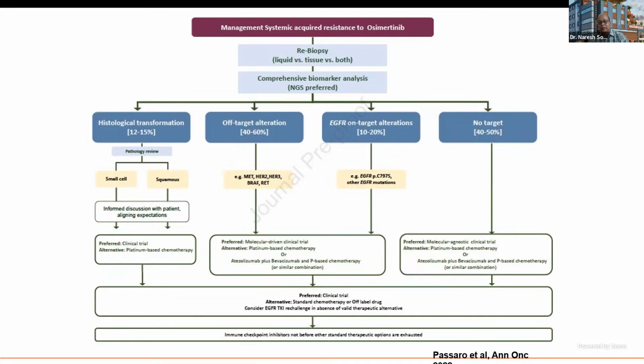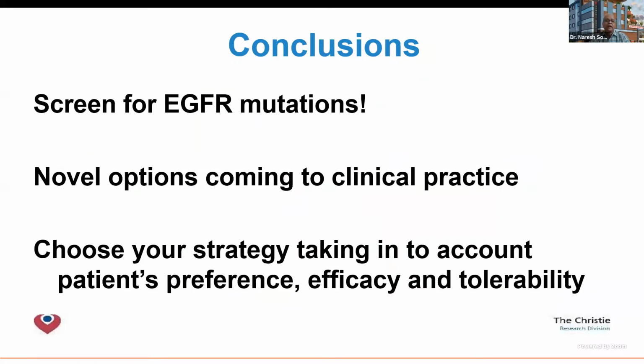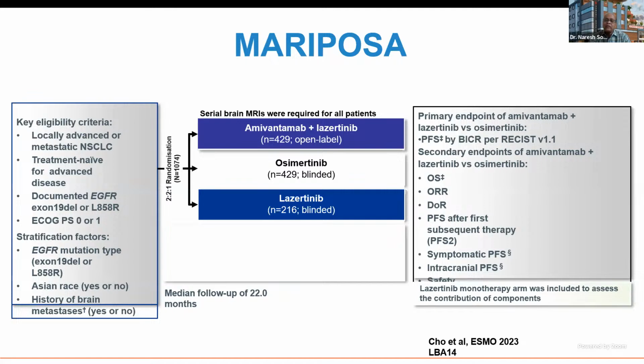And if there are no actionable mutations, you try to treat the patient. This was also highlighted and talked about a lot in this particular trial. So the conclusion was to screen for EGFR mutation; obviously, novel options are coming to clinical practice. Choose your patients depending on patient preference, logistics, efficacy, tolerance, and so many things.